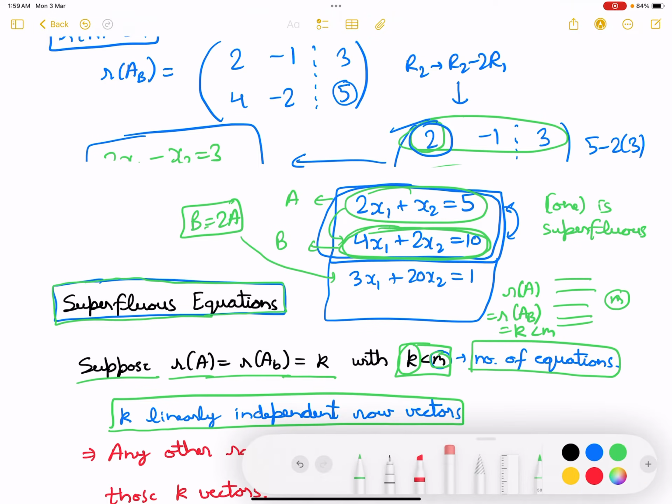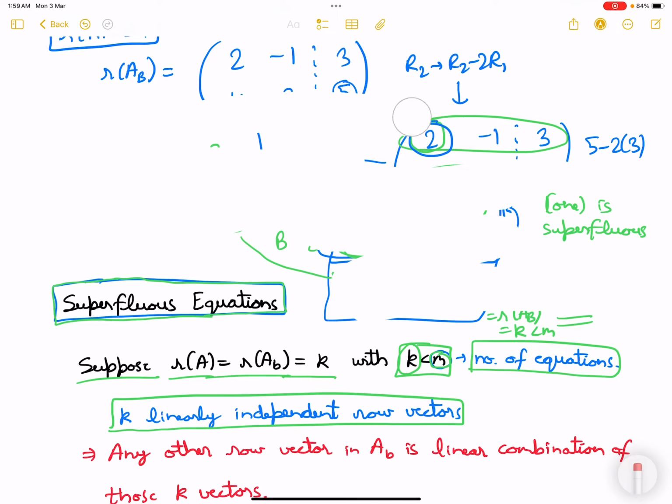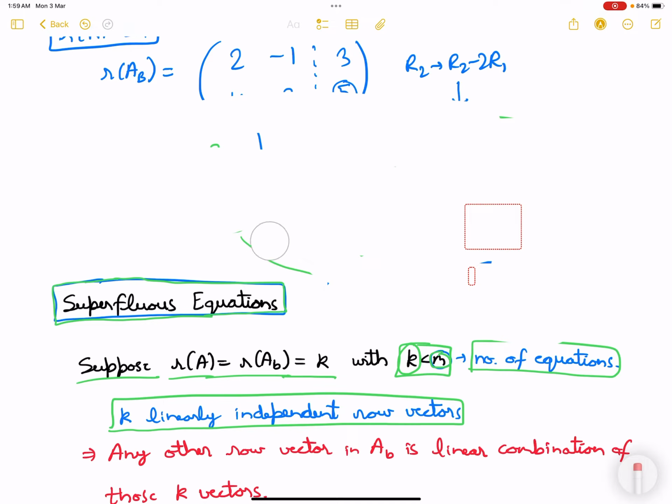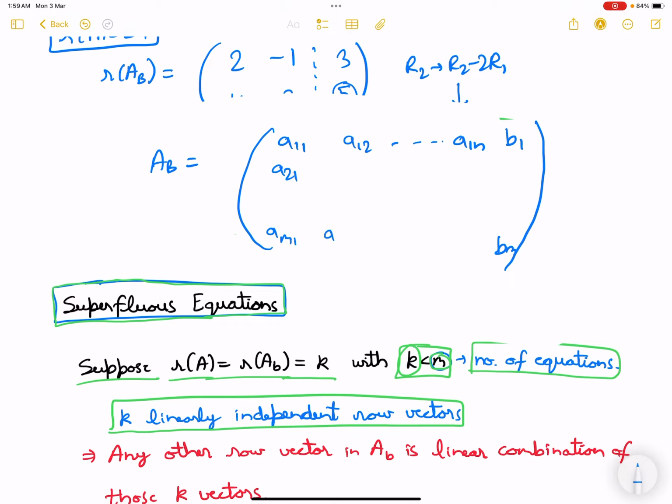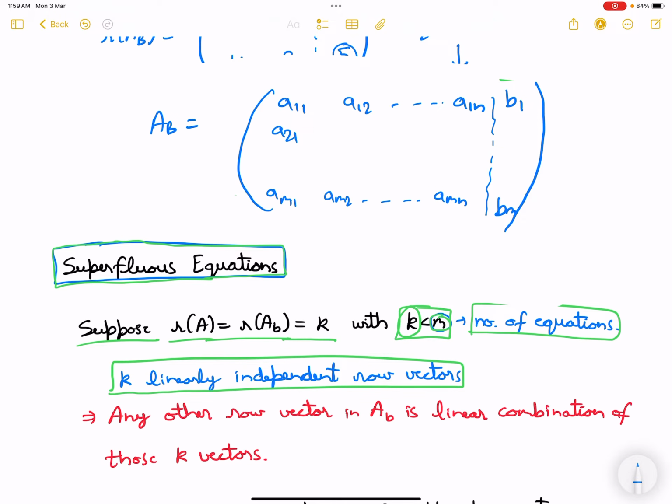Okay, I'll just show it here. Suppose we have A augmented B with us: A11, A12, till A1n, and B1 till BM. Now the rank is coming out to be K. So these are M equations.